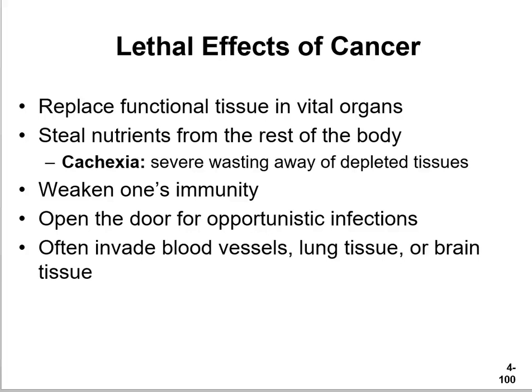Mortality usually results not from the original tumor itself, but from the metastasis, the spreading of it. Cancer is usually treated with surgery, chemotherapy, and radiation. A lively area of cancer research today is the development of drugs to starve the tumor by blocking tumor angiogenesis.